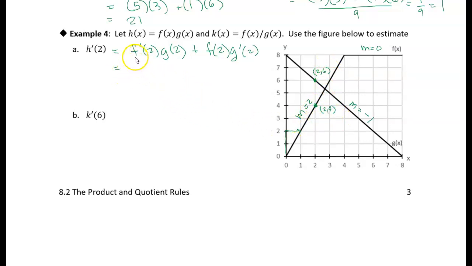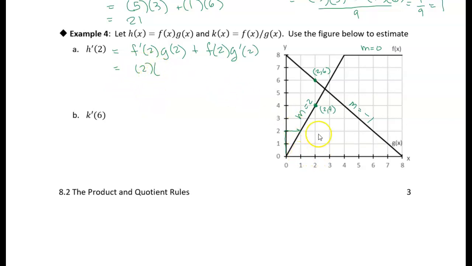So the first thing we need is the derivative of f at 2. The derivative is the slope, and you can see that the derivative of f of x at 2 is just going to be this 2, right? Because the slope of the line is 2. So this value here is just 2.